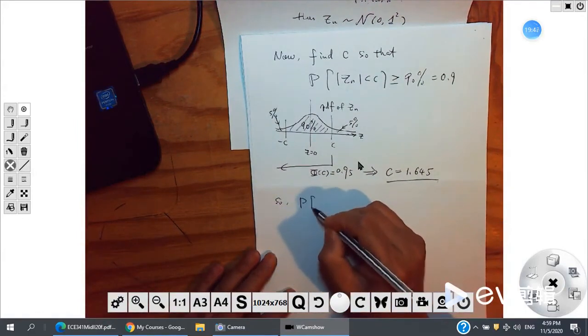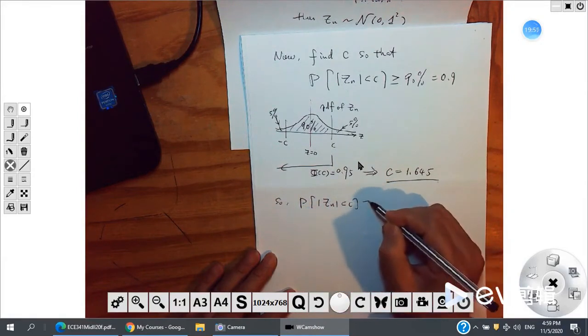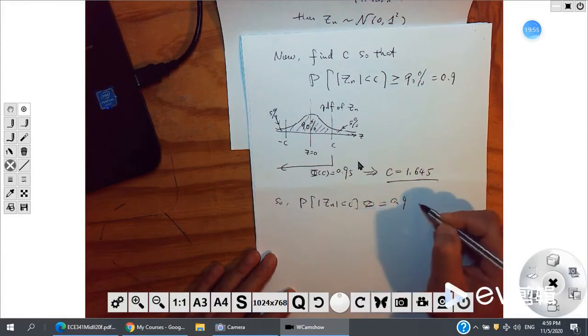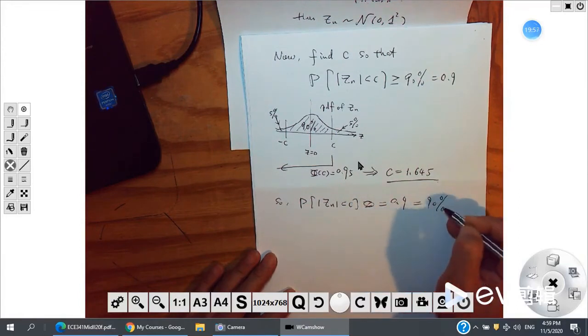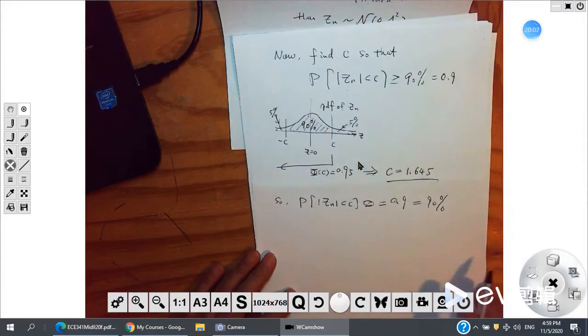So the probability of |Zn| smaller than C is larger than, actually is equal to, 0.9, equal to 90%, right? We want larger than or equal to, that is fine.